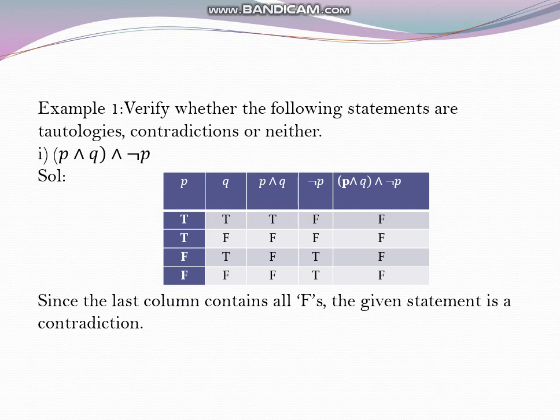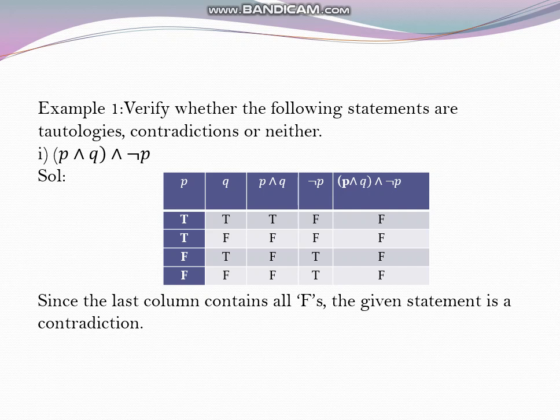If you see this, we observe that for P and Q the values are true, false, false, false. Then for negation P, we have false, false, true, true. But in the last column, consider the third and the fourth column. The AND statement is true only if the two columns have the truth value true at the same time.